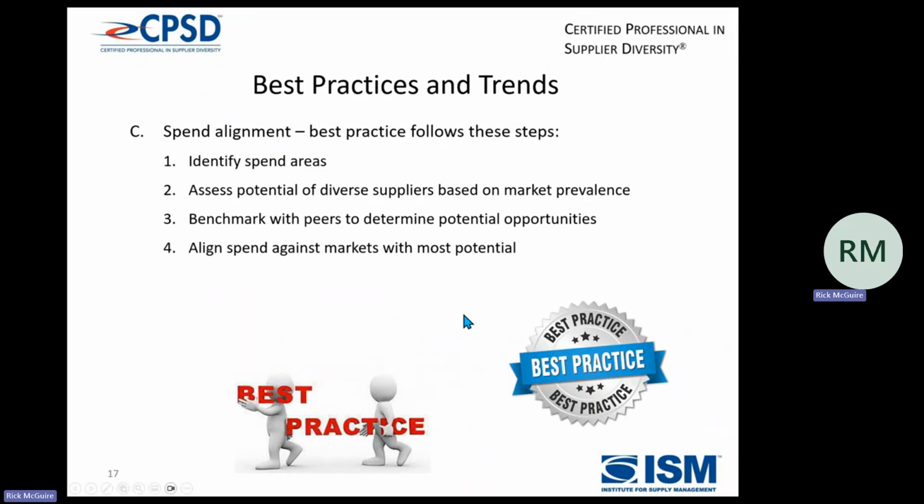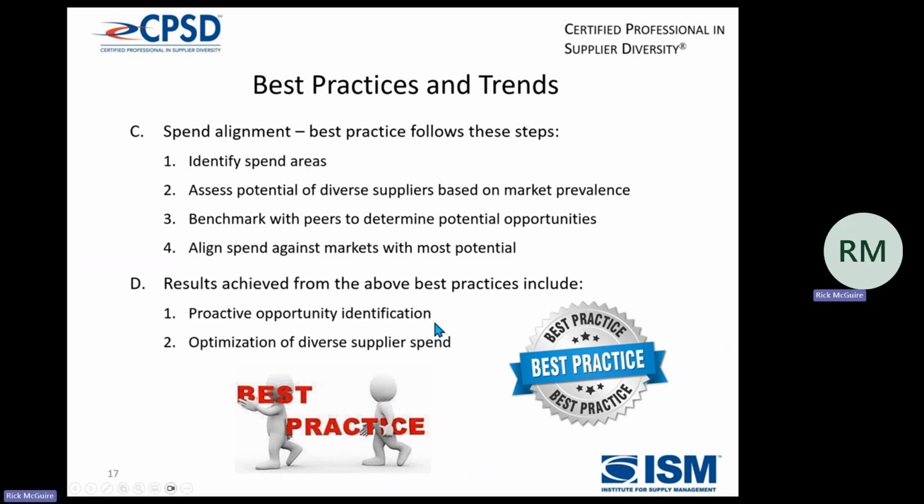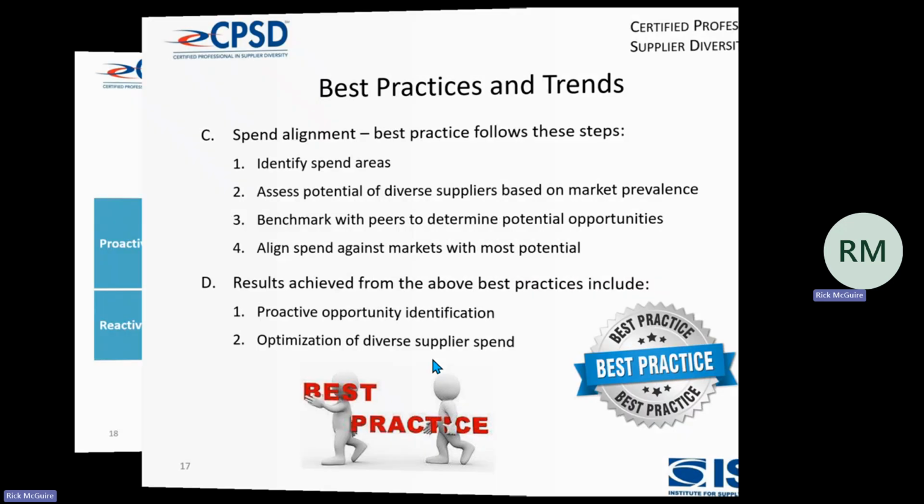Best practice trends in spend alignment: identify spend areas, assess potential of diverse suppliers based on market prevalence, benchmark with peers, and align spend with markets with most potential. Results achieved from the above best practice include proactive opportunity identification and optimization of diverse supplier spend.